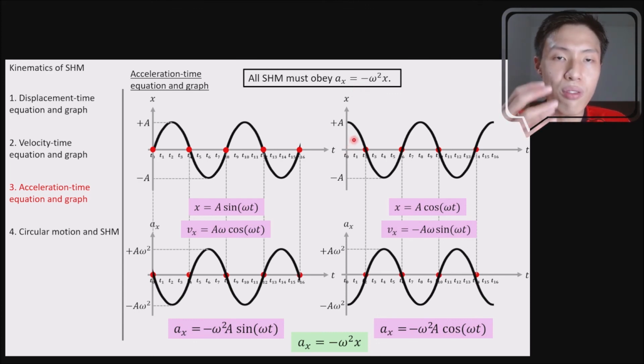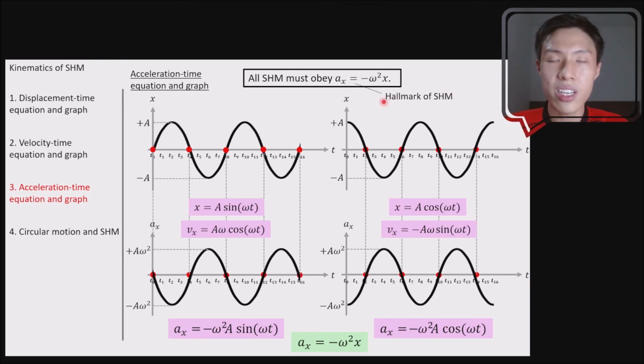And usually if you read in books, they call this thing the hallmark for simple harmonic motion. Why do they call it the hallmark of simple harmonic motion? It is because if your motion obeys this equation over here, then basically all three criteria that we discussed earlier in the previous section will be obeyed.